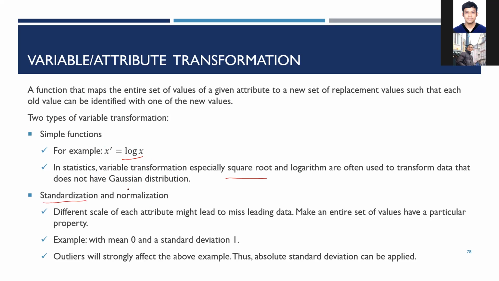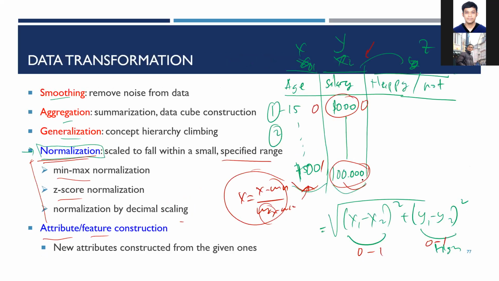We also have standardization. With normalization, we normalize the data into the range 0 to 1. For standardization, we transform based on the mean and standard deviation of the values. For min-max, we don't care about the mean and standard deviation of the data, we just care about minimum and maximum.